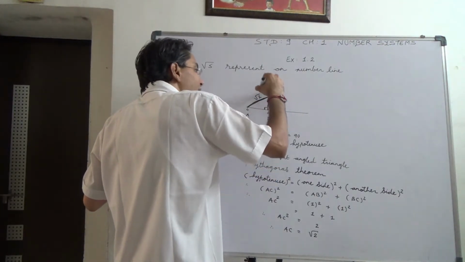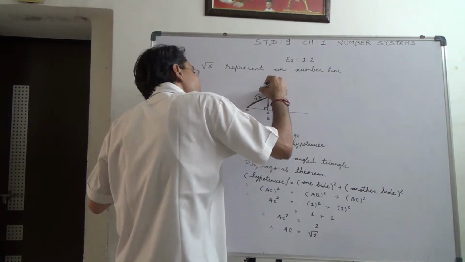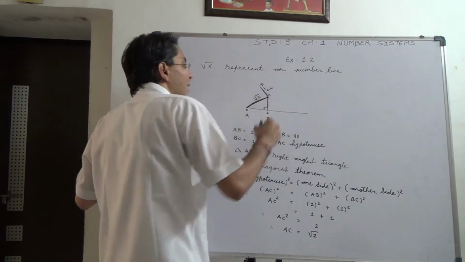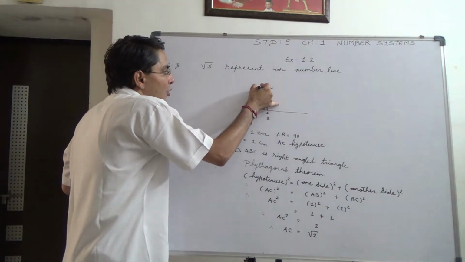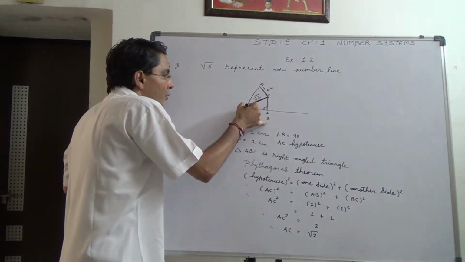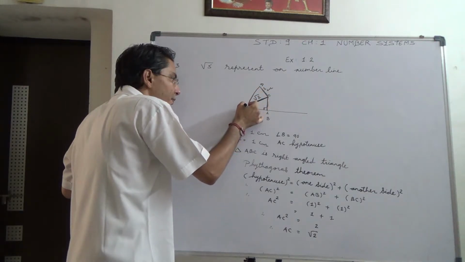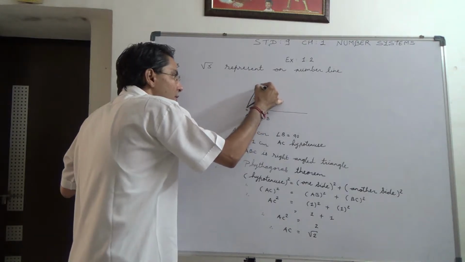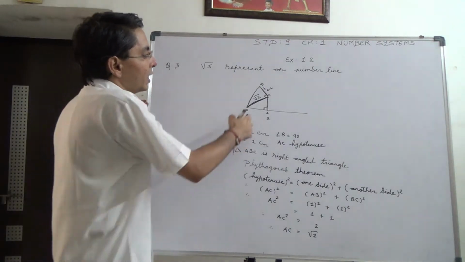So if I consider another 1 centimeter, this one is C and D, CD, and I join it to O, where O means the origin point. So if I join this, and also consider angle C in this particular triangle.